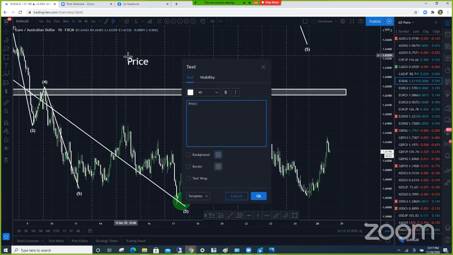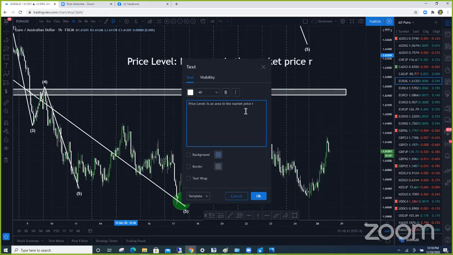A price level is an area in the market that basically price respects off of. So if you have an area in the market where price respects off of multiple times, then you have a strong price area.